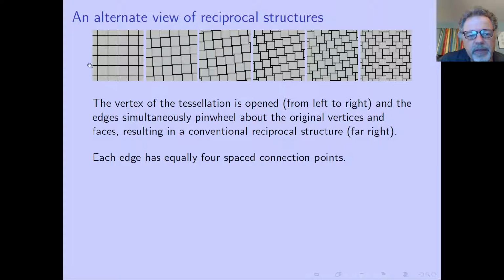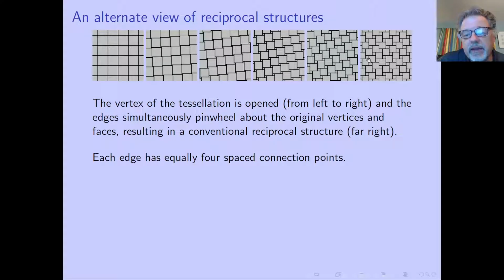So one way to think about these reciprocal structures is I can start with some kind of grid like this. I can then slightly pinwheel out these edges where they still remain either vertical or horizontal, but they're just shifted around that vertex slightly. So as we keep doing that, that vertex becomes an opening, and that opening gets larger and larger.